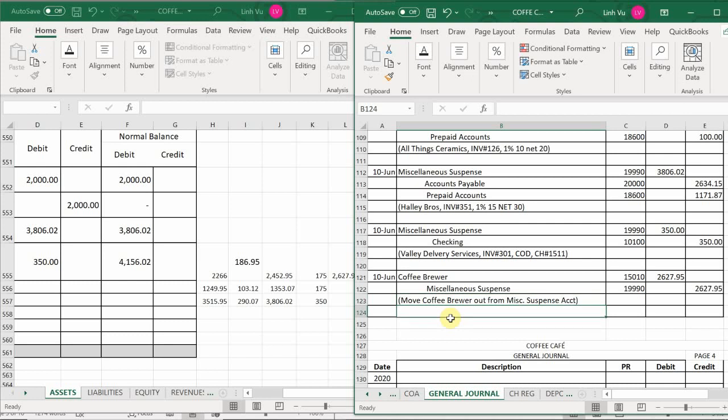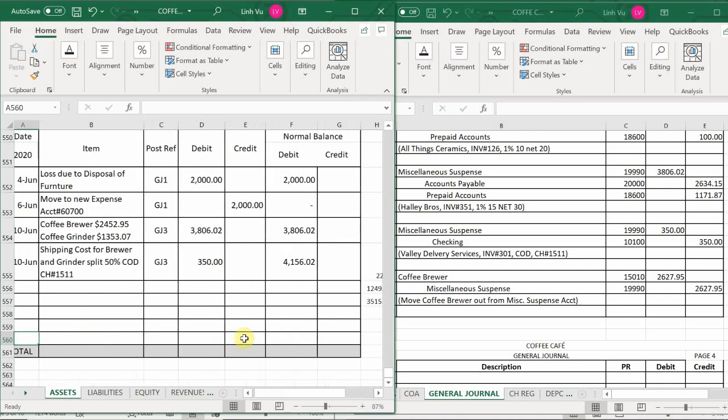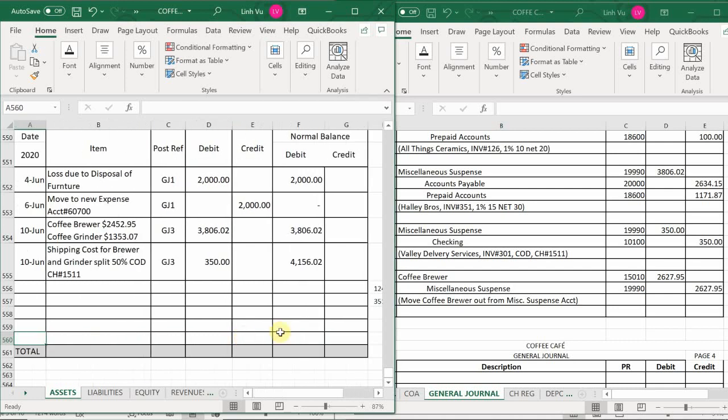Now I could go ahead and proceed with my ledger to take that exact amount out from my miscellaneous expense and add it into my coffee brewer. Since I've already calculated that I'm taking it out and placing it into my coffee brewer account, I don't have to be in the exact order.